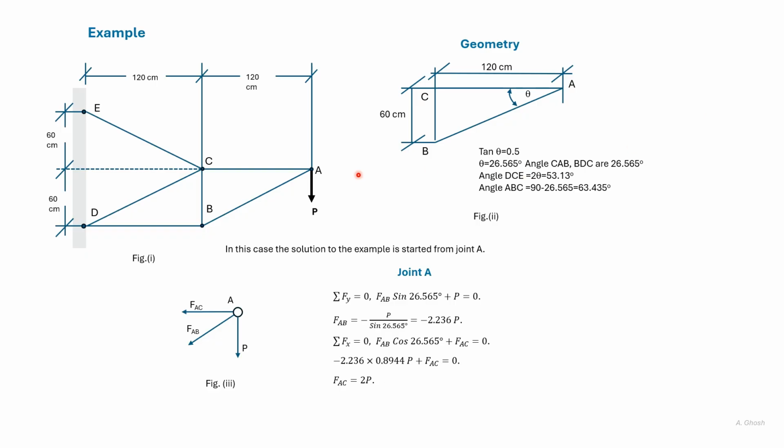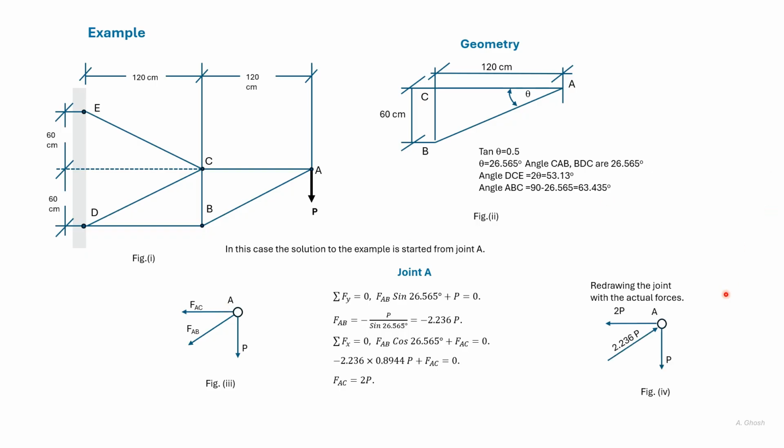Considering equilibrium of joint A, we find out the forces in AB and AC. So AB cos this angle plus P is 0. So we find AB. And once we know AB, then AB cos 26.6 plus FAC is equal to 0, from which we find FAC.